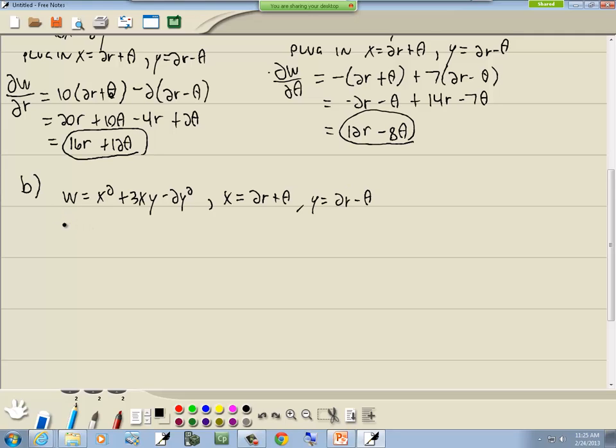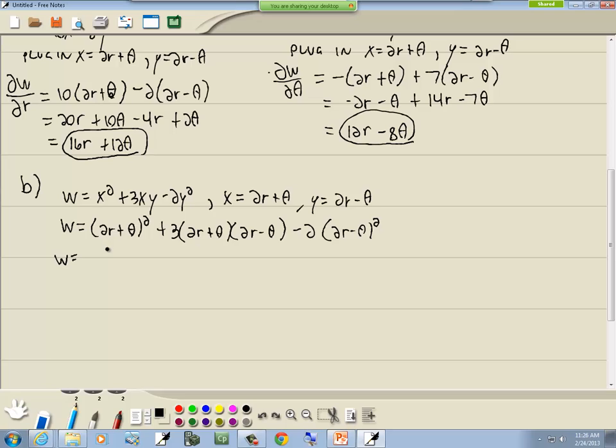It'll be the moment of truth if I can get the same answers as I did up above, or if I got a basic math error somewhere. So plug in 2r plus theta for x. So we've got 2r plus theta squared plus 3 times x, which is 2r plus theta, times 2r minus theta, minus 2 times y squared, which is 2r minus theta squared.